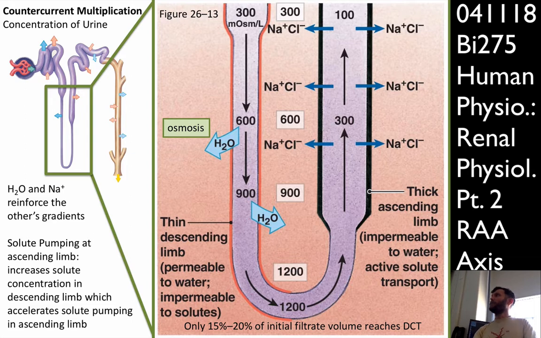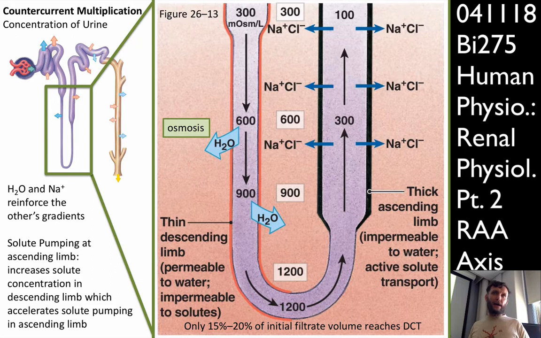The loop of Henle and countercurrent multiplication. So the flow of fluid is coming down this way. And rather than talk about the first part of it, let me go to the second part first. In this thick ascending limb, this membrane is thick because it is impermeable to water.